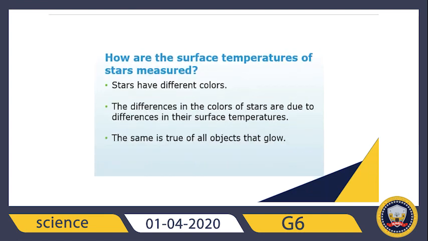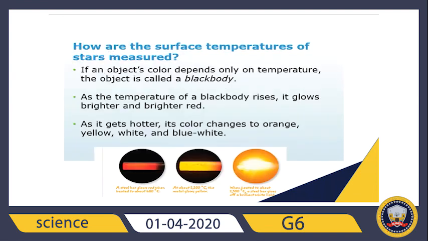So guys, now how are the surface temperatures of stars measured? Stars have different colors, and as we say, the differences in the colors of stars are due to differences in their surface temperatures. And actually the same is true of all objects that glow. So if an object's color depends only on temperature, this object is called a black body.